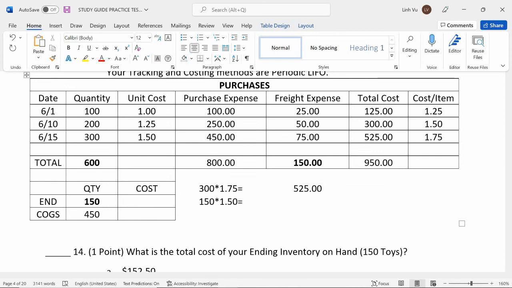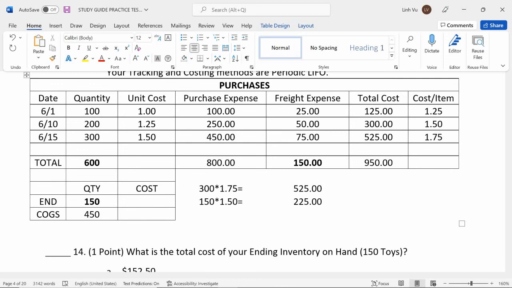What is 150 times $1.50? $2.25. $225. Mm-hmm.